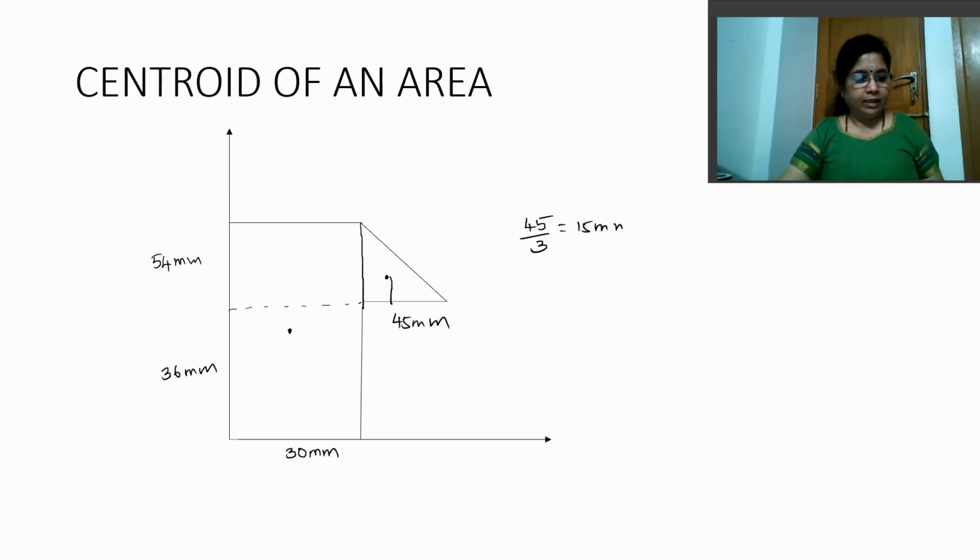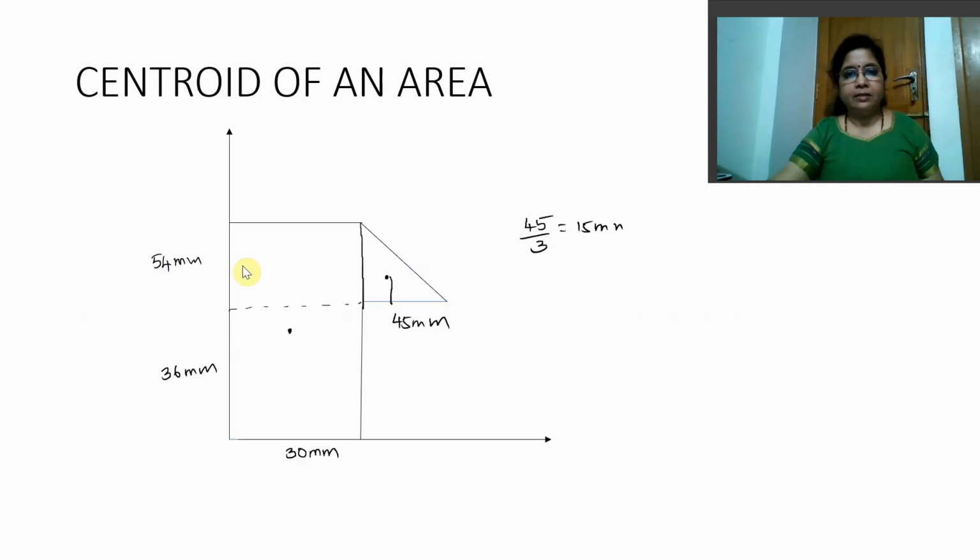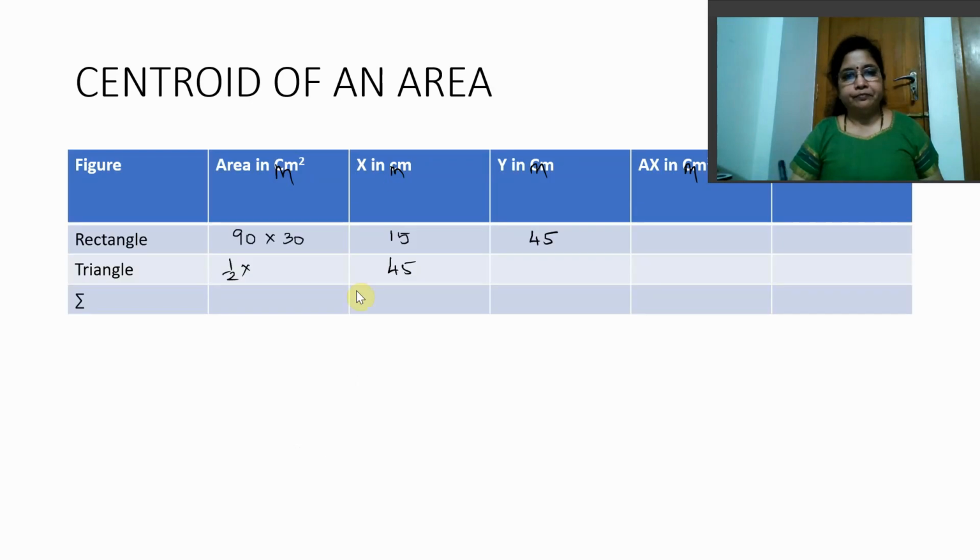So along x, I am going to have 45. Before that, the area is half into base, base is 45. What is the height? Height is 54. So 45 into 54.